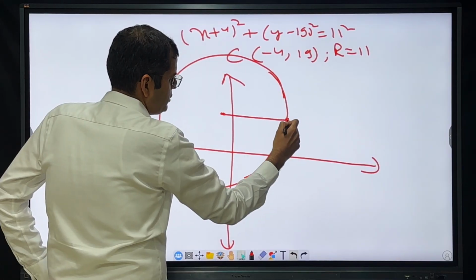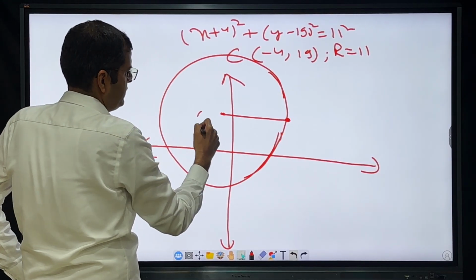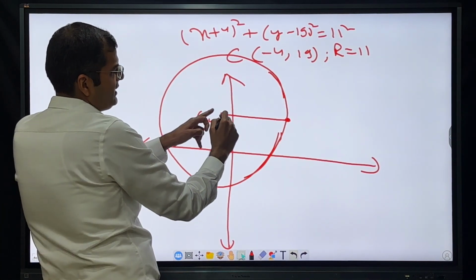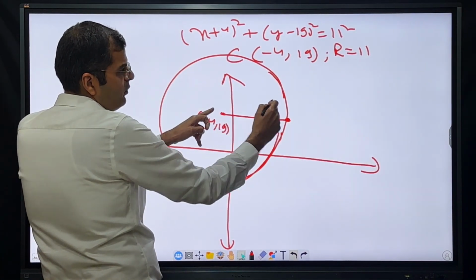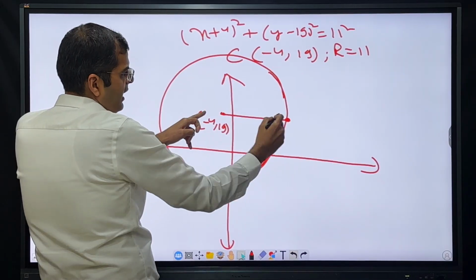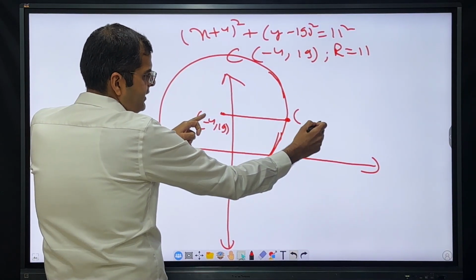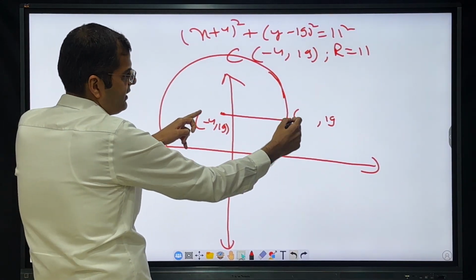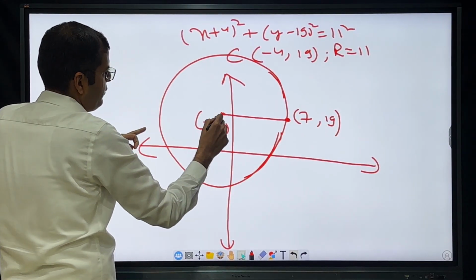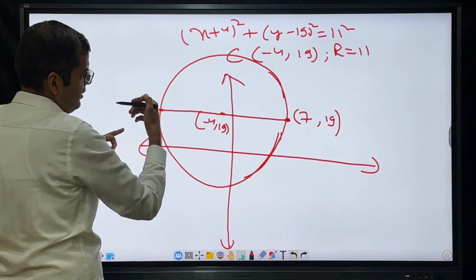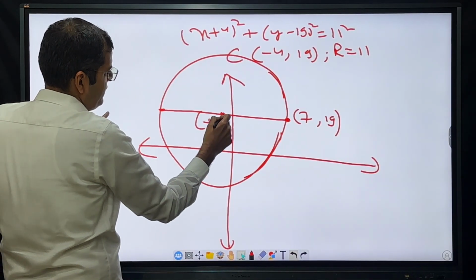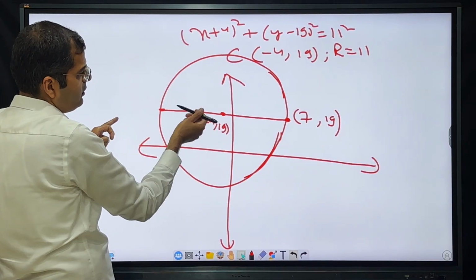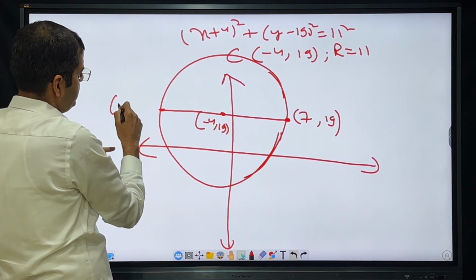Then the rightmost point on the circle, center is minus 4 comma 19, the radius is 11. If I move 11 units to the right, y coordinate here is 19, and x coordinate will be what? Minus 4 plus 11, that is 7. And from here, if I move 11 units on the left hand side, which is further negative side, then that will be minus 4 and then you move 11 units. So it is minus 15.